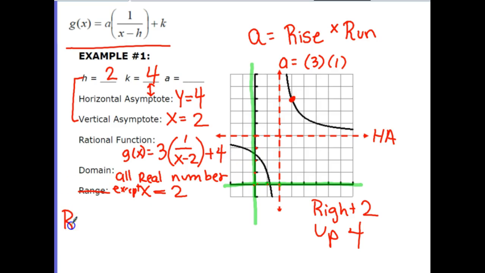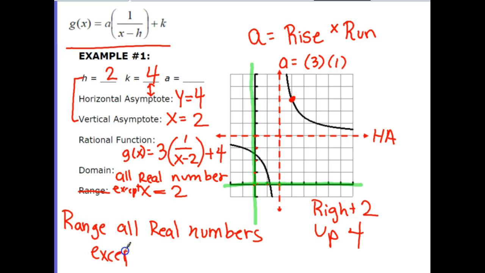The range is all real numbers except the asymptote y equals 4. So it's all the real numbers except the asymptote. The asymptote is where it would make the denominator equal to 0, and that's not allowed.